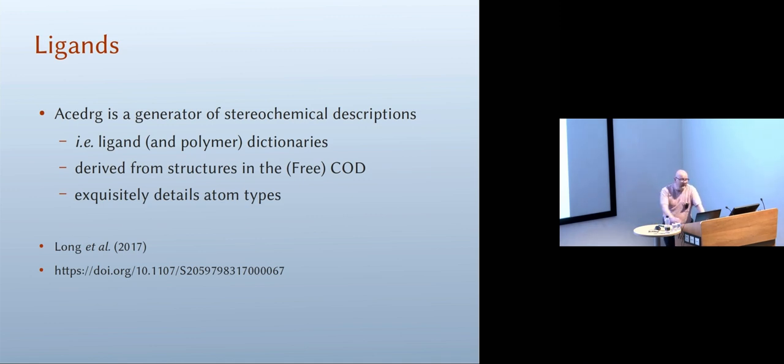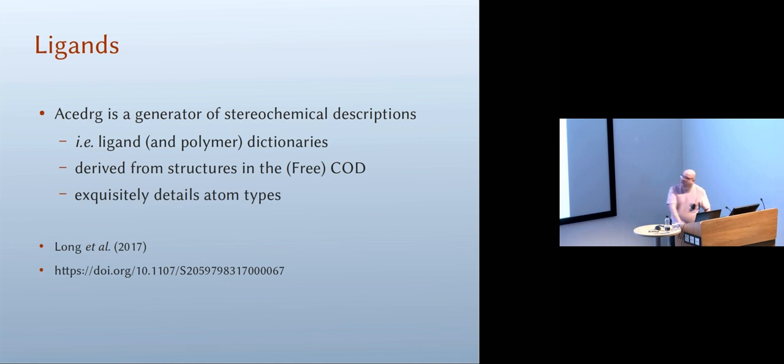And importantly, it's derived from the COD, which is the Crystallography Open Database. That means it's unencumbered by intellectual property concerns that may concern me, if one were to use other well-known structural databases.